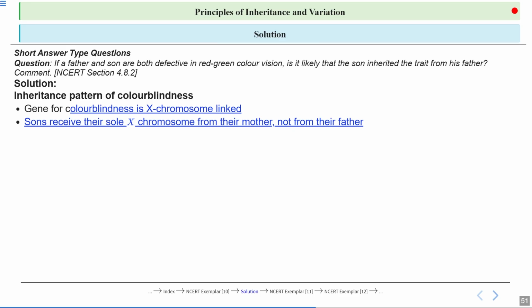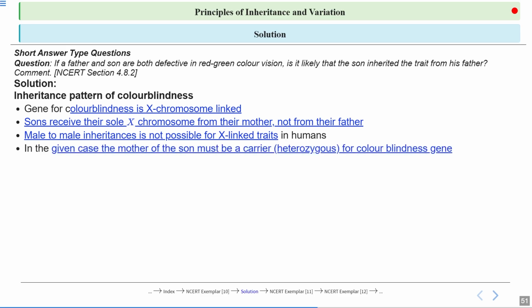The color blindness gene should be inherited from the mother, then only the son will be colorblind. So the mother should be at least a carrier. Male to male inheritance is not possible for X-linked traits, because males only transfer the Y chromosome to the sons.